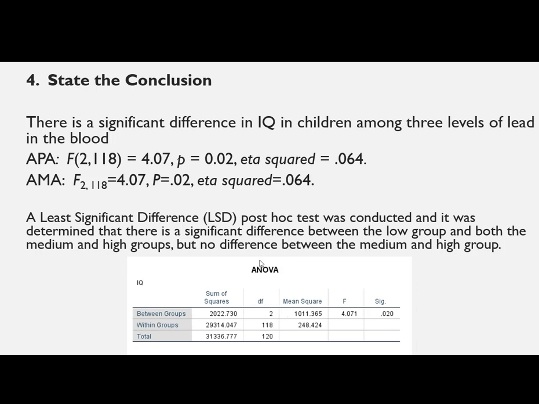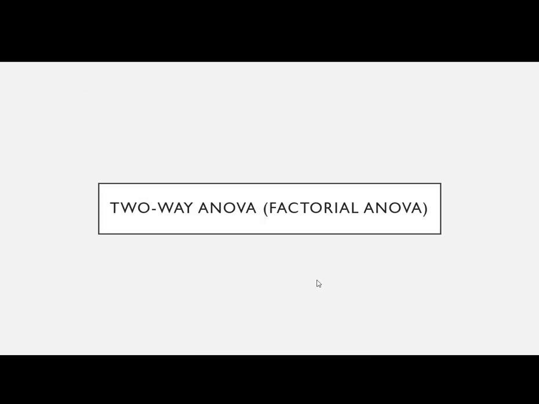And I have the ANOVA table here because you need that for the F goes here, the degrees of freedom 2 and 118 for the within group, and then your p-value, and then you get the eta squared from the previous slide.